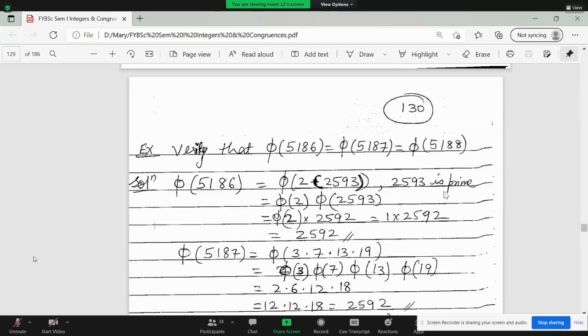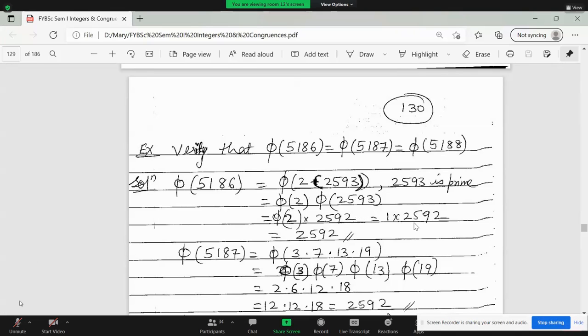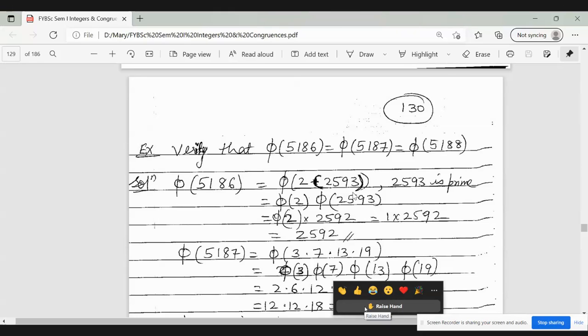Yes, this is prime. You have to verify whether it is prime. So this is phi of 2 into phi of this. Phi of 2 is 1, and phi of 2593 is 2592. So 2592 is the answer for this, because we know that 2593 is prime.